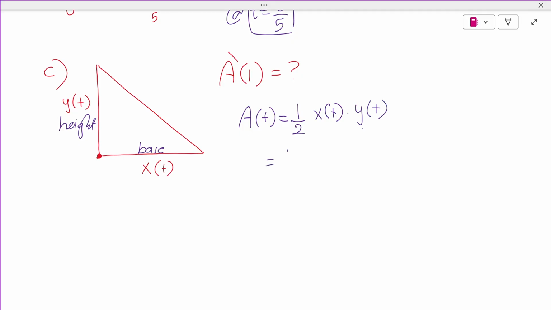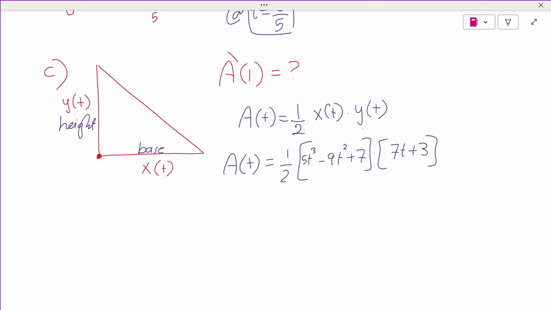So this is 1/2 times x of t, which is 5t cubed minus 9t squared plus 7, times y of t, which is 7t plus 3. This is A of t.